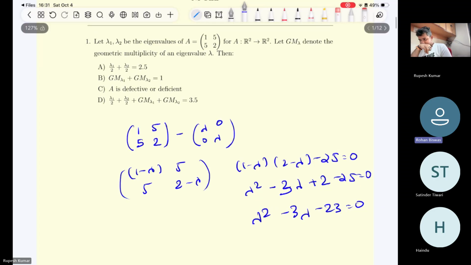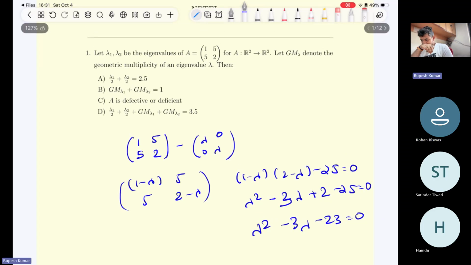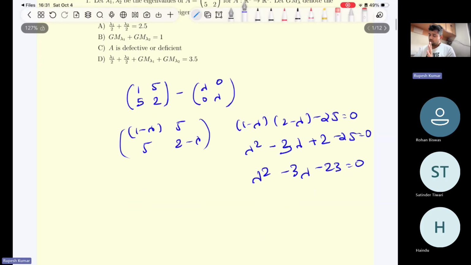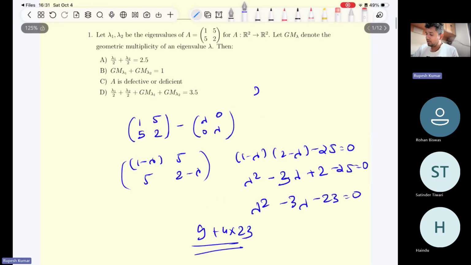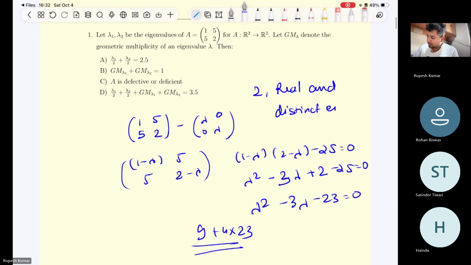Yes, I'm solving it actually. Okay, so one thing we can figure out: b square minus 4ac is non-zero, right? Plus 4 into 23. So basically you will get two real and distinct eigenvalues.